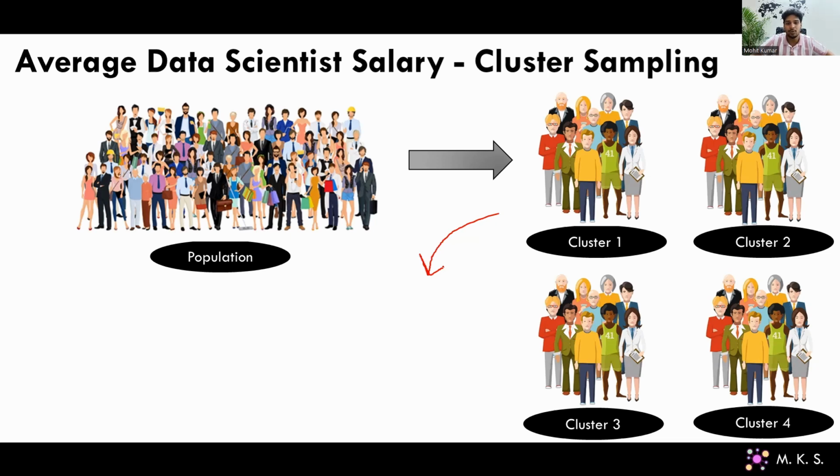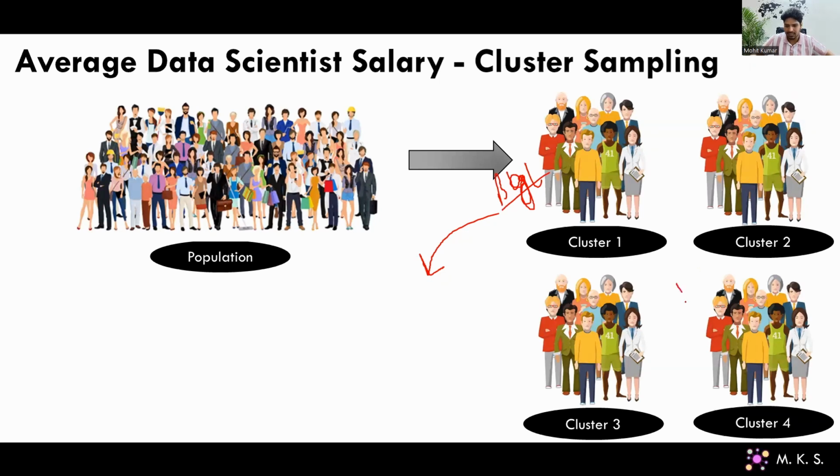And how do we do that in cluster sampling? Rather than picking elements from individual clusters, we completely pick the cluster, right? So let's say rather than having elements from all four clusters, Bangalore is close to me, right? So now I can easily collect elements from Bangalore. So I'll pick elements from Bangalore.